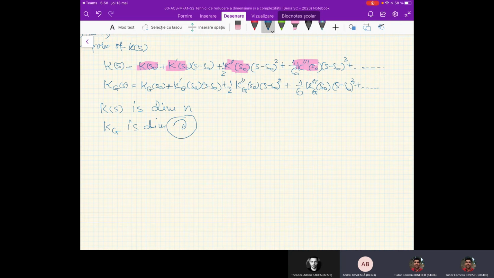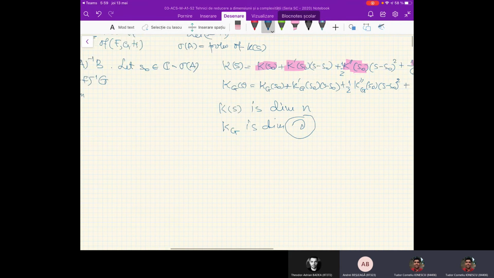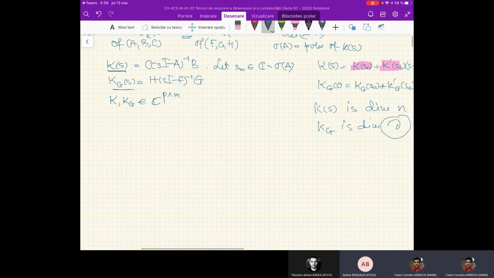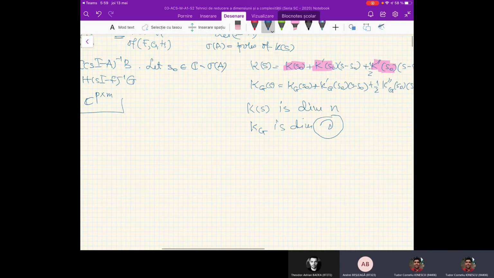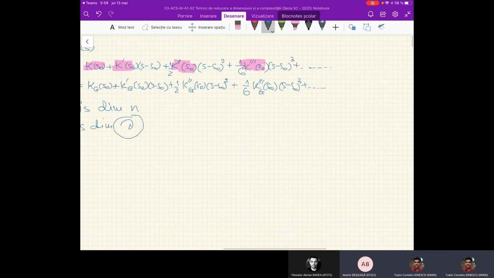You can ask them to be equal, but they have different dimensions in the system. Okay, you can still ask that because they are both P times M matrices. So you can ask them to be equal, but that's not natural. But what is a natural thing?